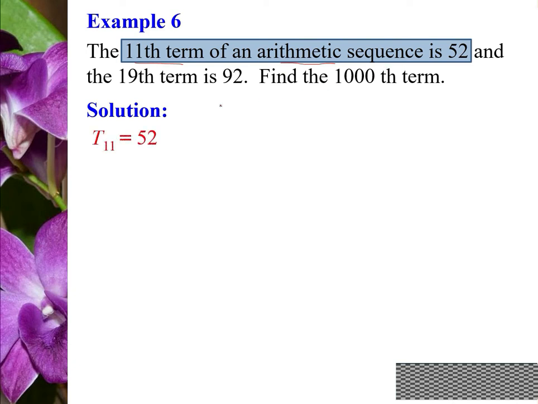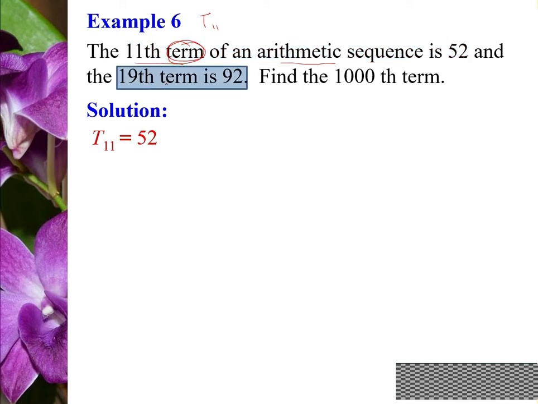From there, we can write T11 equals 52. Look at the term here, 11th term, so this means T11. And the 19th term is 92. So here, they also mention term, so this is T19. T19 is 92. We want to find the 1000th term. That means we want to find T1000.